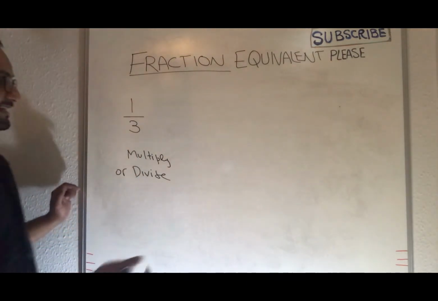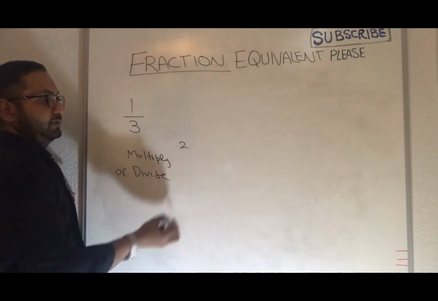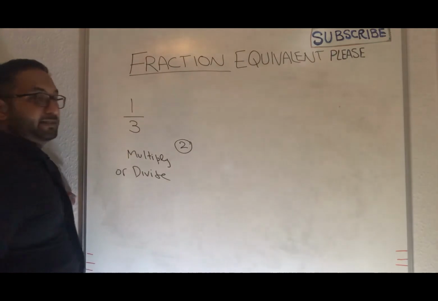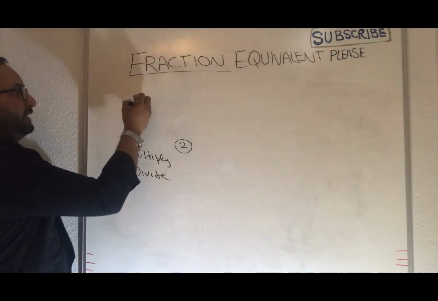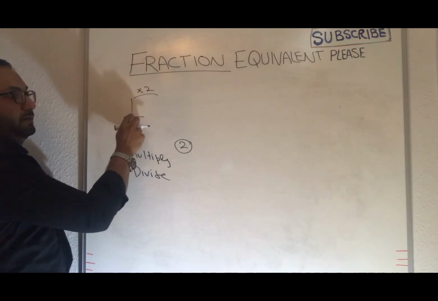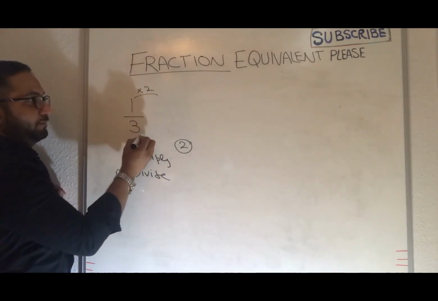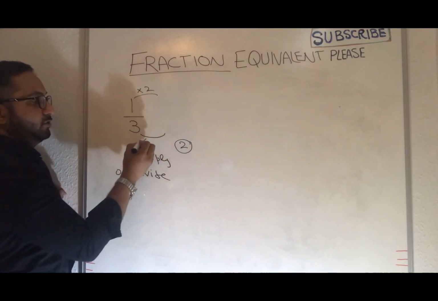So now we are getting this question. If we select any number, I selected number 2. So 2 is the multiplier. We need to multiply by 1. Exactly the same number we have to multiply at the denominator also.